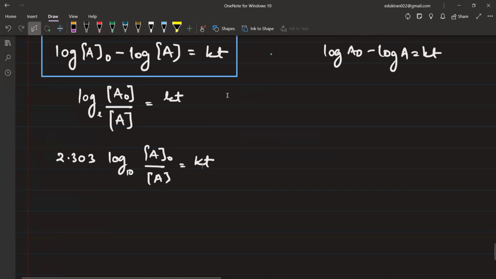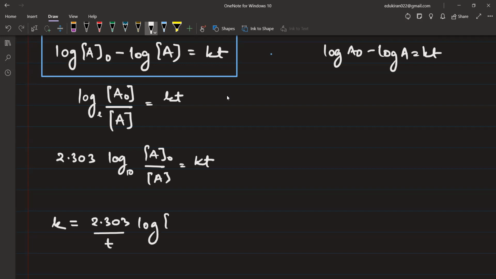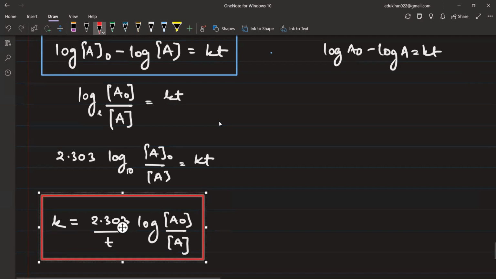So k will be equal to 2.303 upon t log of A naught upon A. If you can remember this equation, it is well and fine, but the least that you have to do is remember the above equation, which is similar to the zero order reaction. So k is equal to 2.303 upon t log A naught upon A.